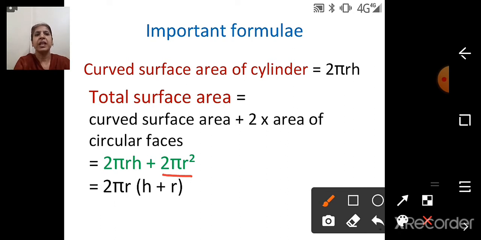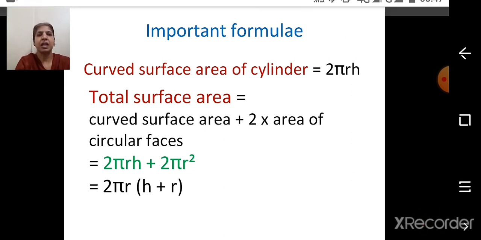Now we will find the common factors. So which are the common factors? 2 is common, children, pi r, and uncommon in bracket, h plus r. So formula of total surface area of cylinder is 2 pi r in bracket h plus r.